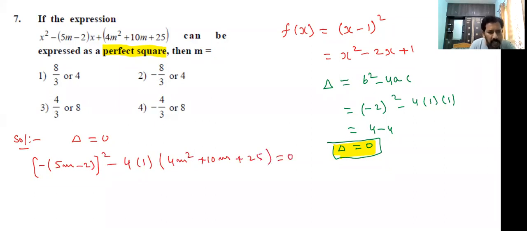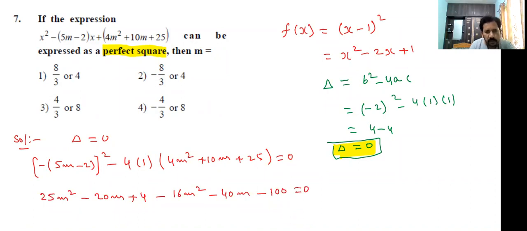Now simplify this. Minus whole square positive, 5m minus 2 whole square, expand: 25m square minus 20m plus 4, minus 4 4s are 16m square minus 40m minus 100 is equal to 0.